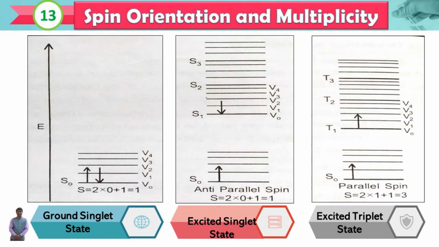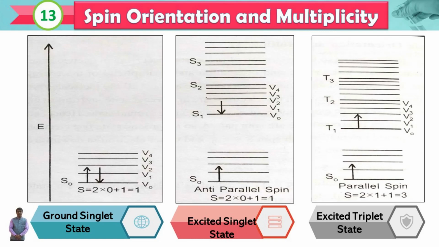At normal temperature, almost all molecules are in the ground state. That means all electrons are at ground state. Hence, all electrons in the ground state are spin paired. The upward direction electron has plus half spin and the downward electron has minus half spin.